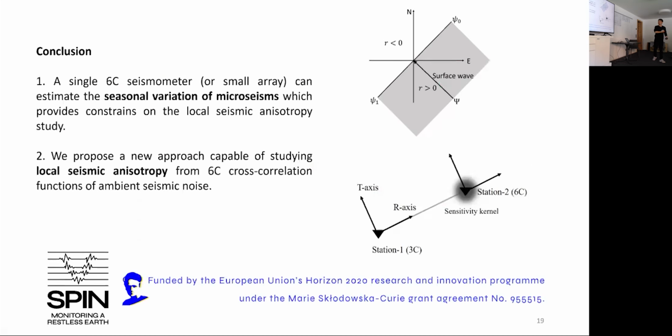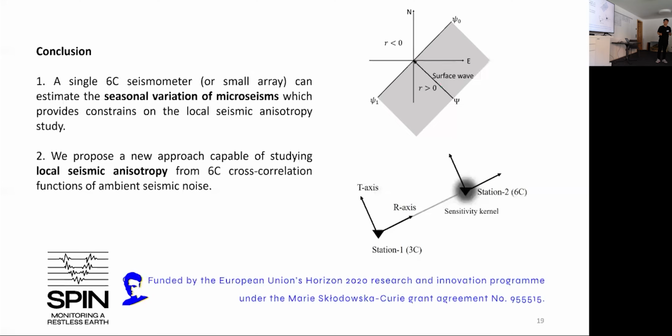I have to give a summary, a conclusion about my presentation. First, if we have a single station, we can do the microseismic noise source estimation. And it is not only for microseismic noise, but also for other sources, I mean earthquake sources or other high frequency sources in urban areas, or volcanoes or landslides.